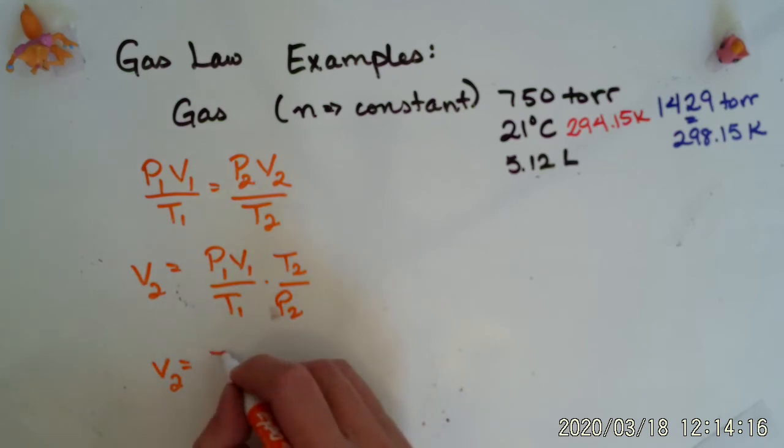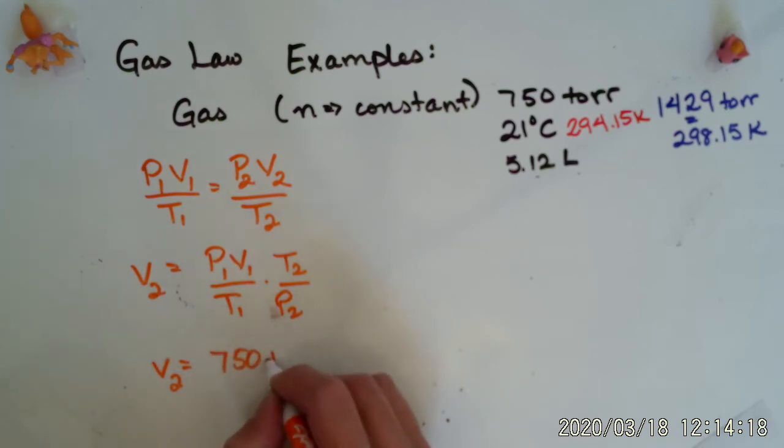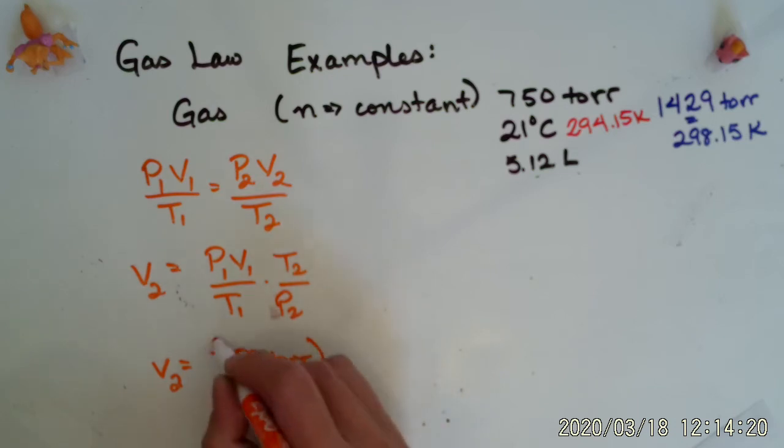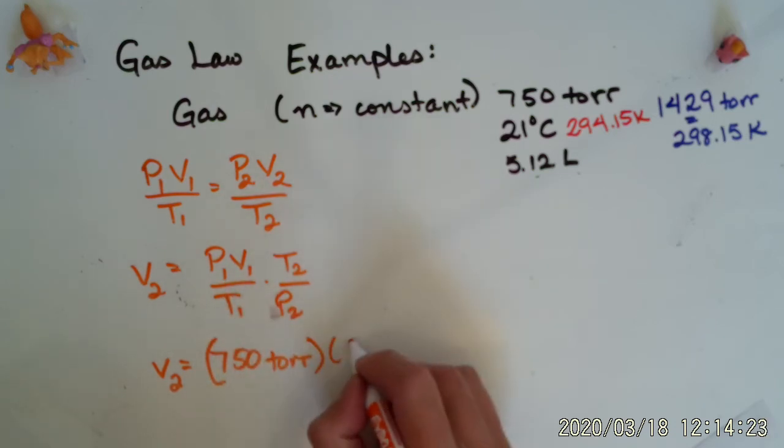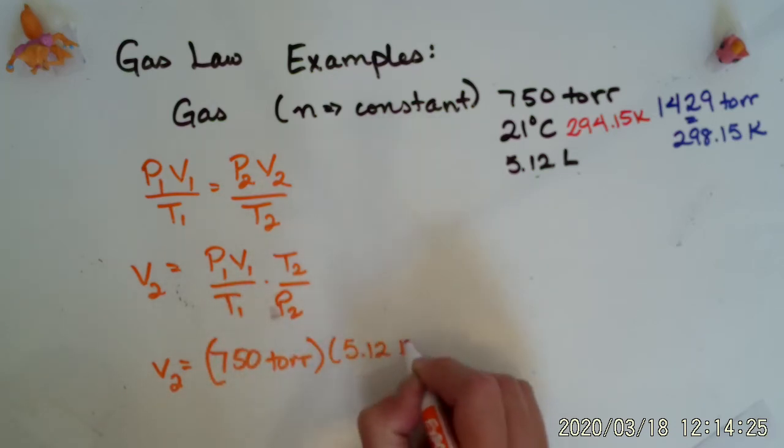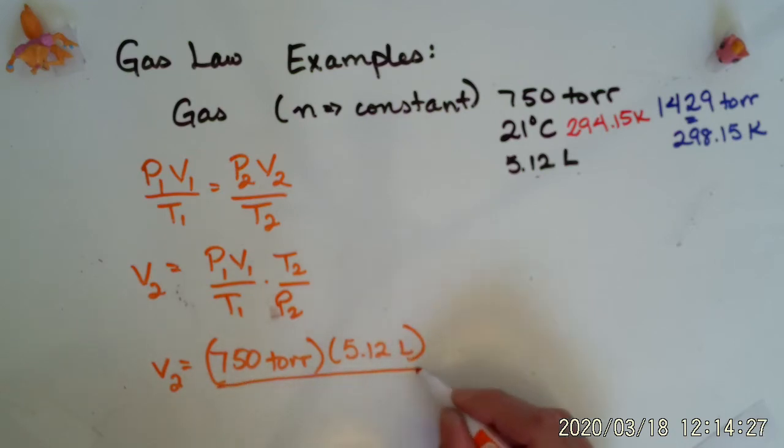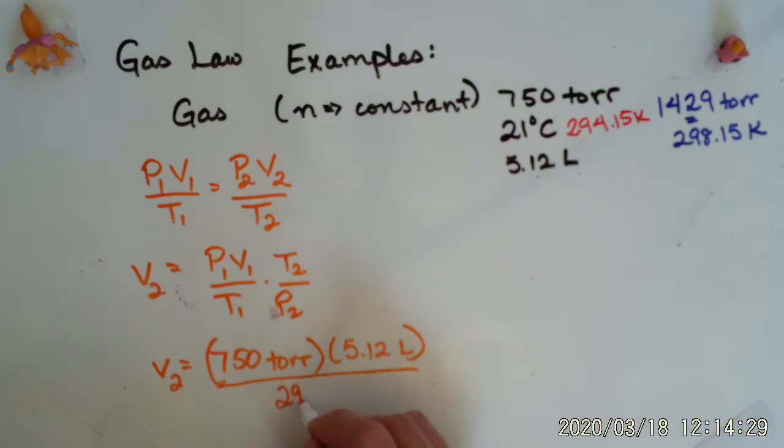So P1 is 750 torr. V1 is 5.12 liters. T1 is 294.15 Kelvin.